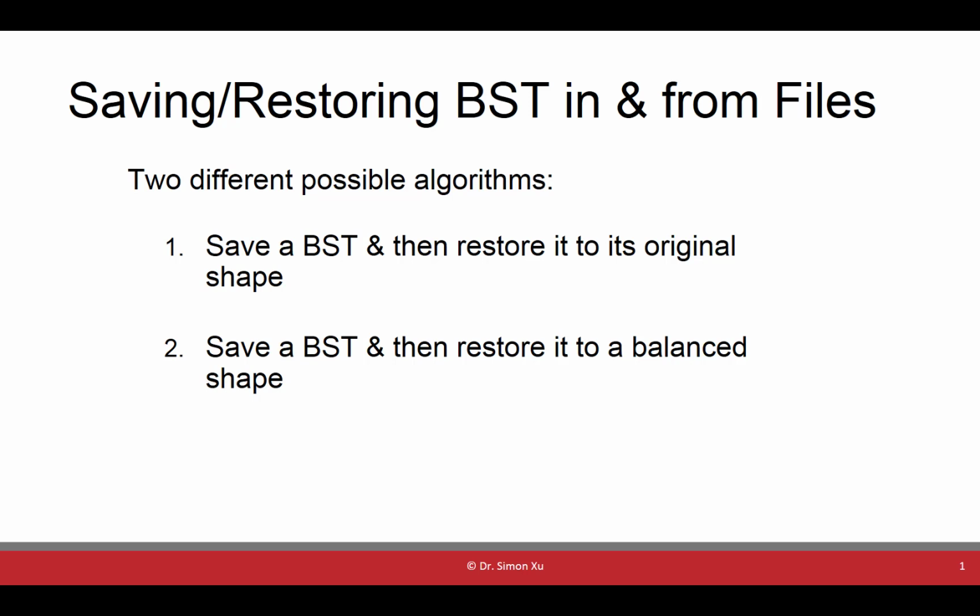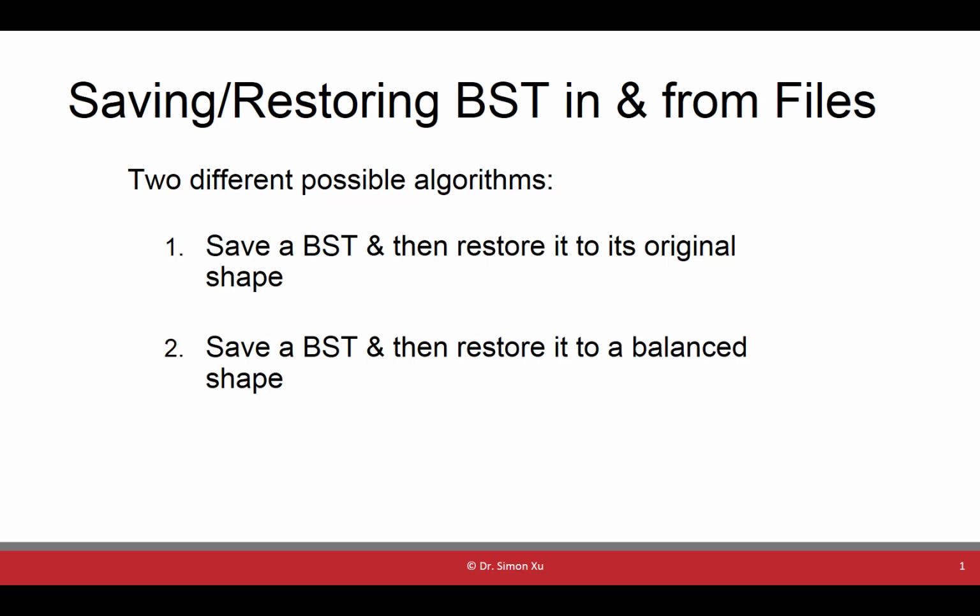In some applications, we need to save a binary search tree into a file and then restore the binary search tree to a balanced shape, a different binary search tree, but which contains the same set of data.